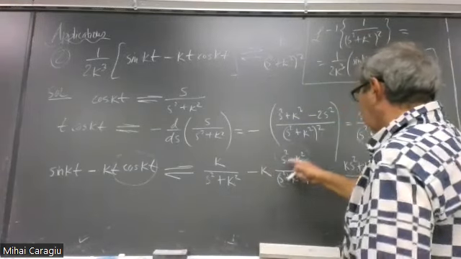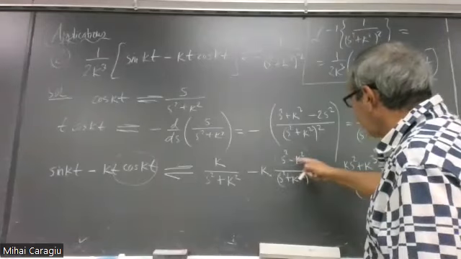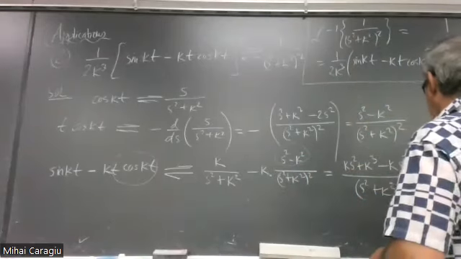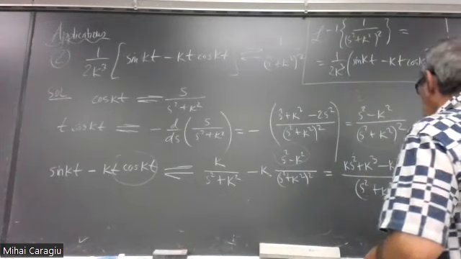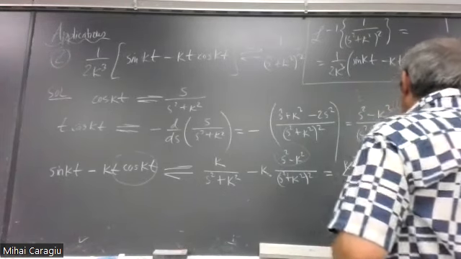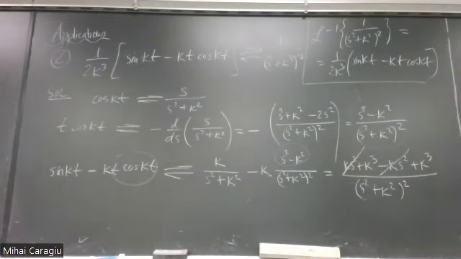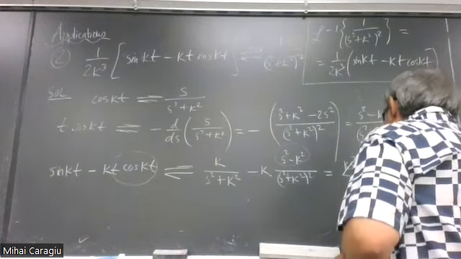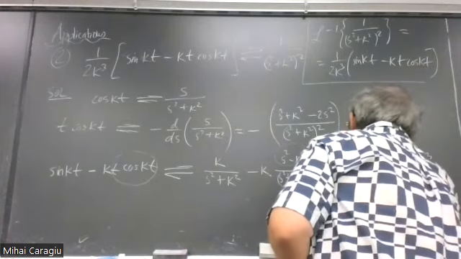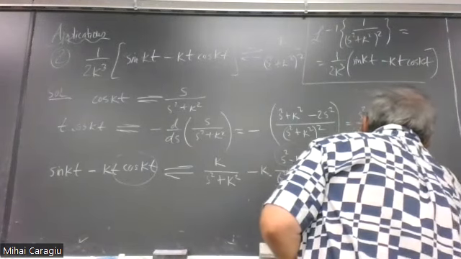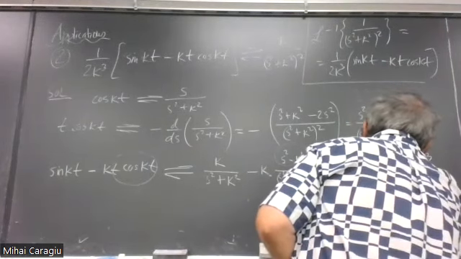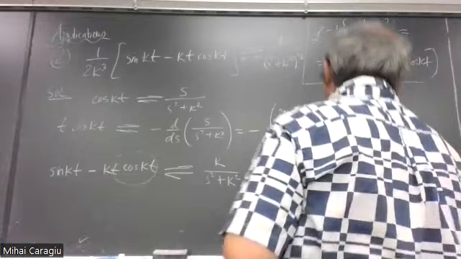Minus to minus is plus k times k times k squared is k cubed, plus k cubed. Which is what? k squared minus k squared, luckily they vanished. And we get 2k cubed. So this will be 2k cubed over a squared plus k squared, squared.